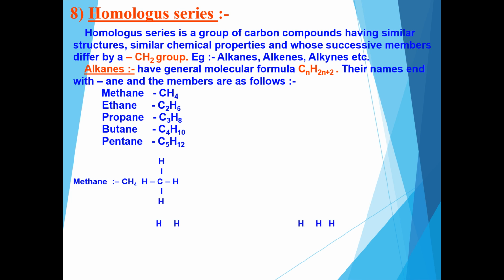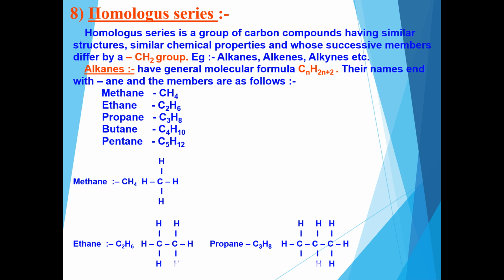We can make carbon atom in the center, which is attached to 4 hydrogen atoms. Ethane structure, propane structure, as you can look at the pictures. In ethane there are 2 carbons and 6 hydrogens. In propane there are 3 carbons attached by single bonds and 8 hydrogen atoms. So that was about the alkanes.